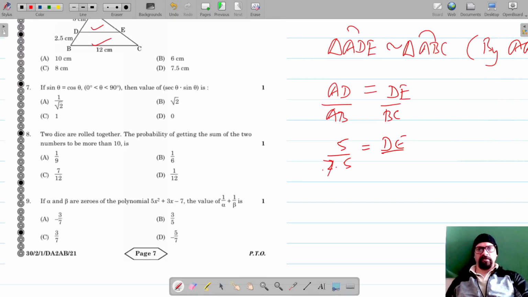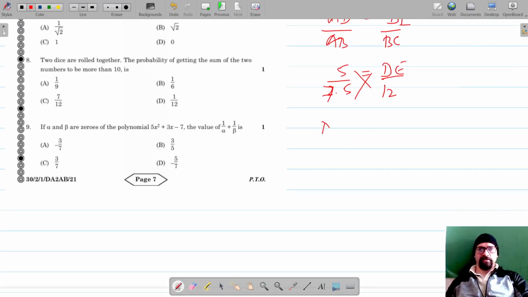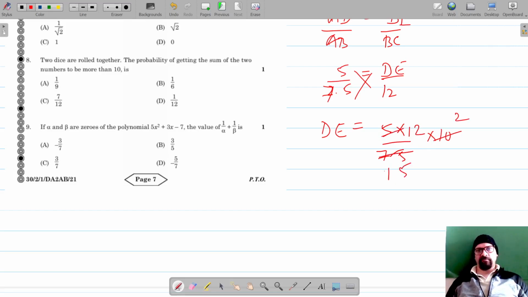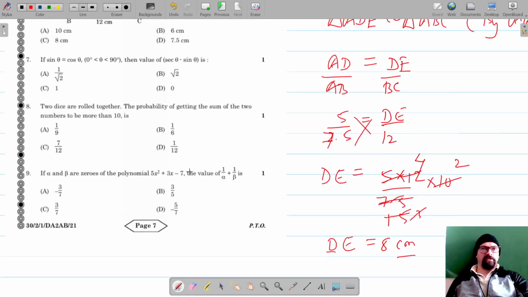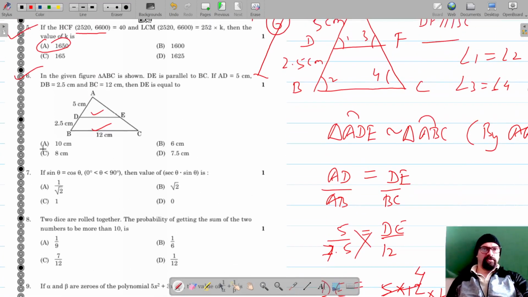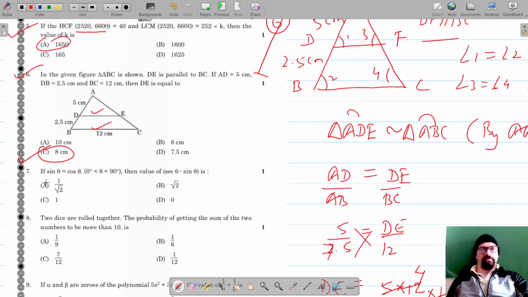So 5 by 7.5 equals DE upon BC, which is 12. If we cross multiply, DE is equal to 5 into 12 by 7.5. If we take off the decimal, this is 5 into 12 into 10 by 75, and DE is equal to 8 centimeter. So DE is equal to 8 centimeter is the correct option for question number 6.